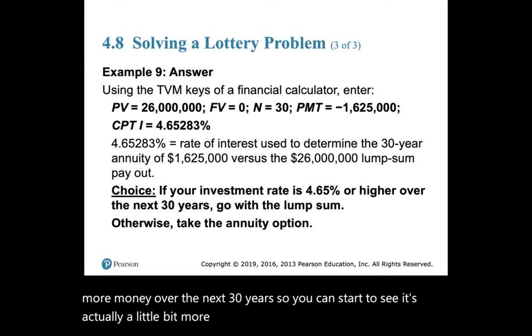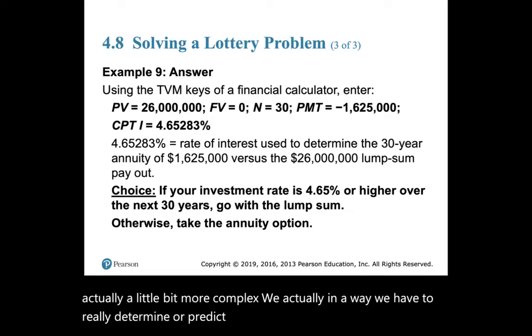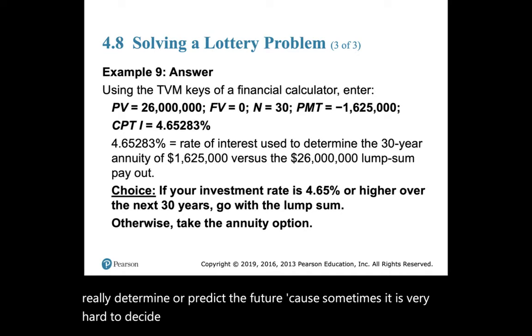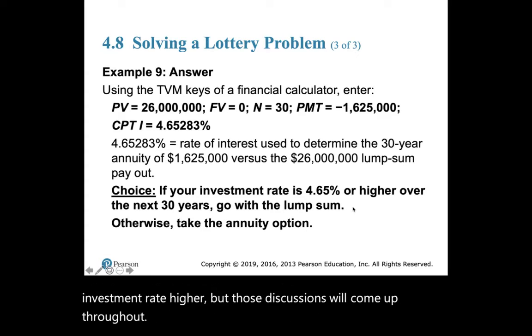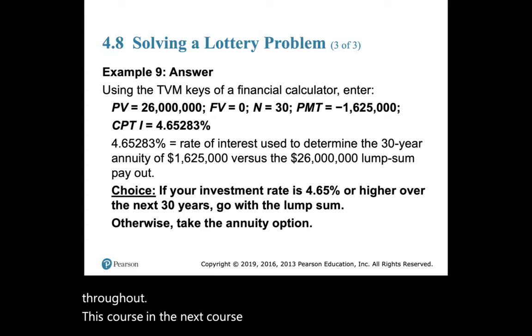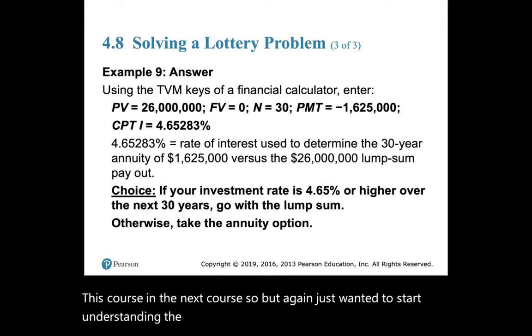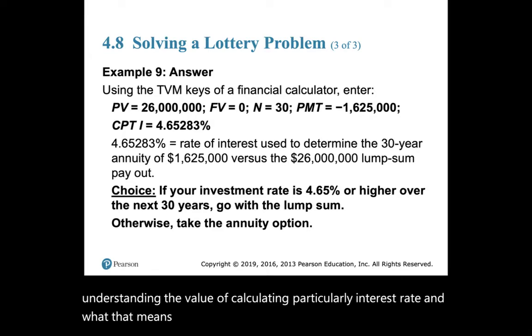In a way, we have to predict the future, because sometimes it's very hard to conclude that we will get a higher investment rate. Those discussions will come up throughout this course and the next course. But I want you to start understanding the value of calculating the interest rate and what it means for our investment decision.